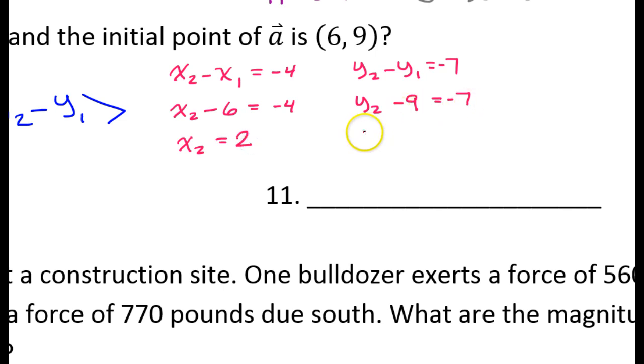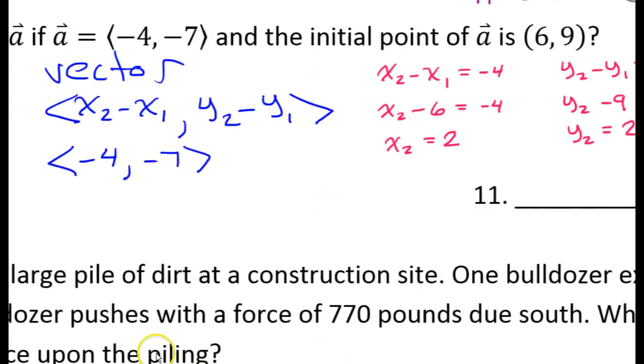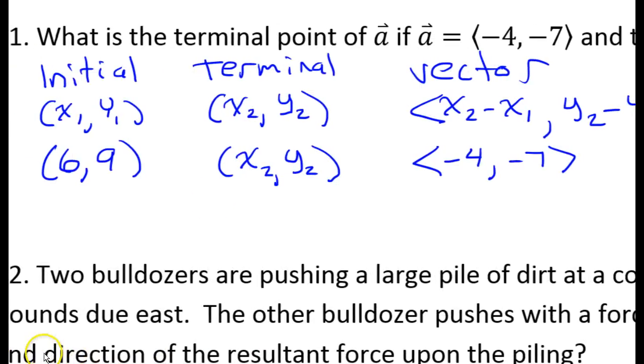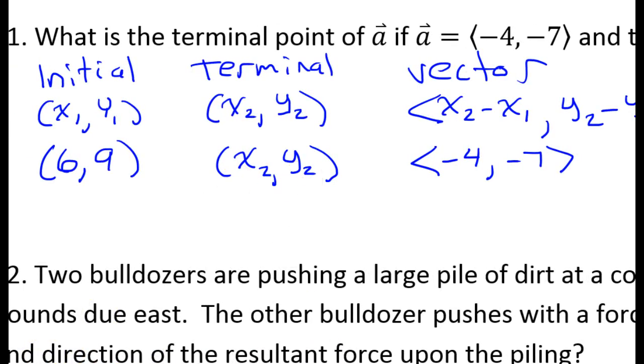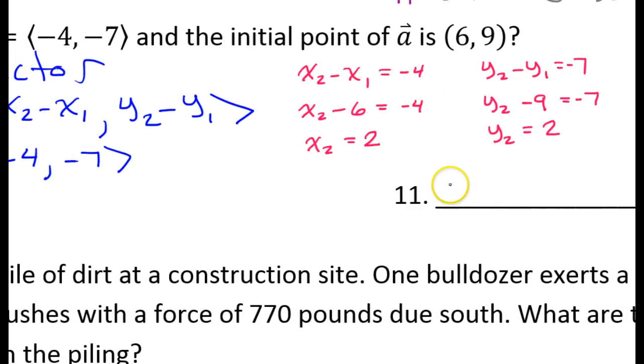Adding 9 to both sides gives me y2 is equal to, well, 2 again. And that's what we're looking for. So the terminal point x2, comma y2, is the point 2, comma 2.